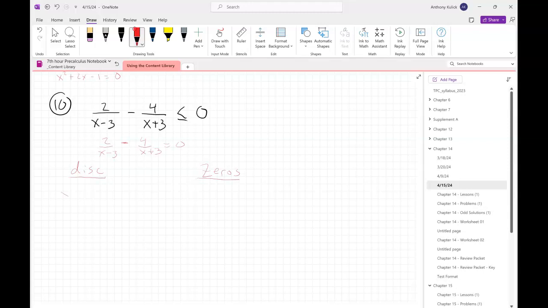Because it's discontinuity, so it doesn't matter if it's removable or if it's an asymptote. I don't care. I just need to know what those discontinuities are. I don't need to know the type, so I'm not going to be picky about it. I'm just going to take the denominator, set them equal to 0. Everybody good?